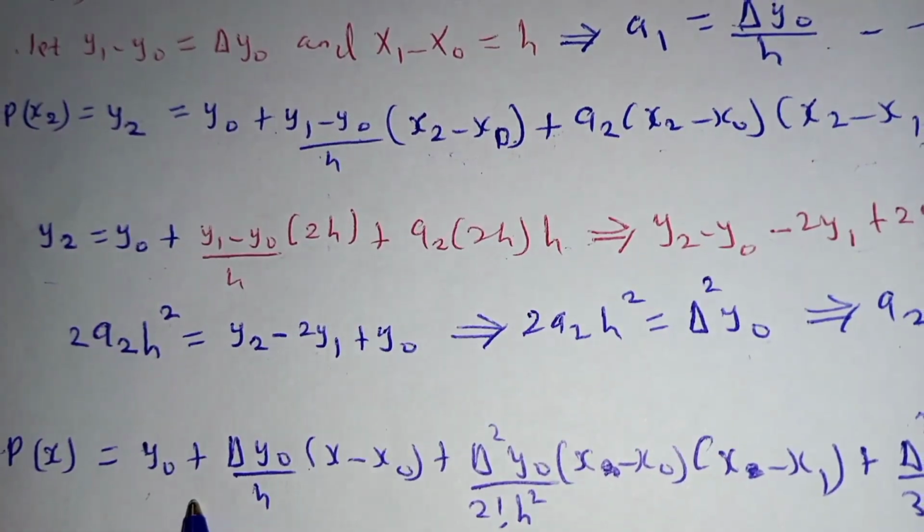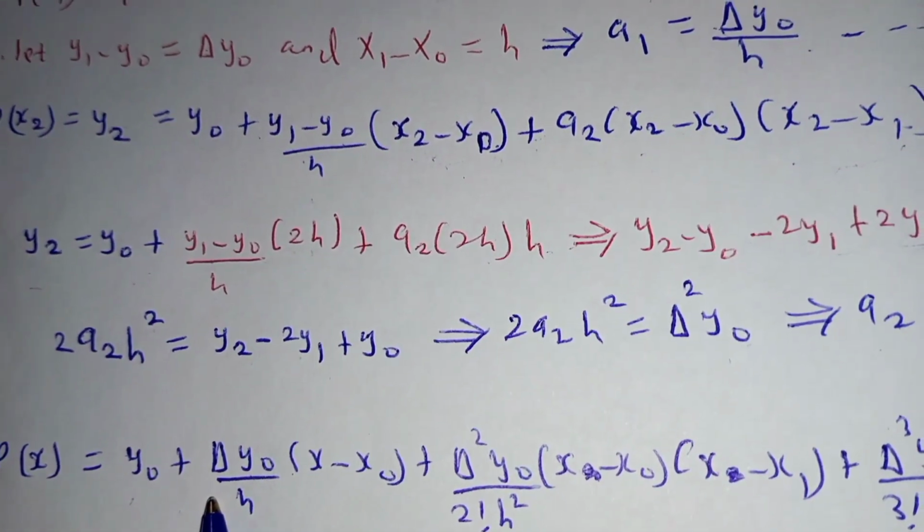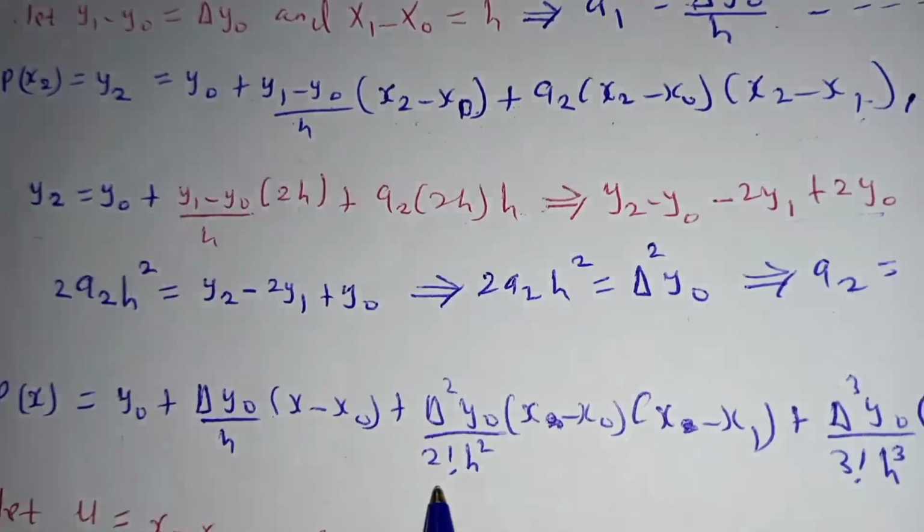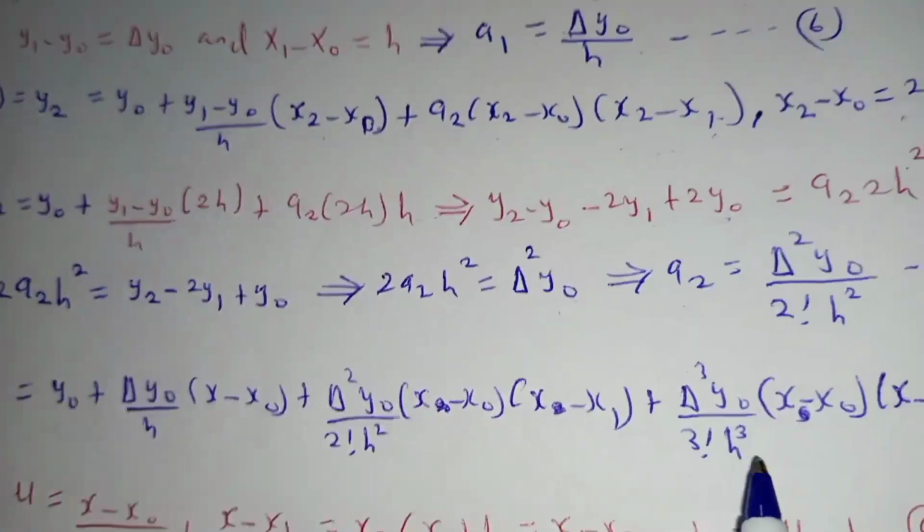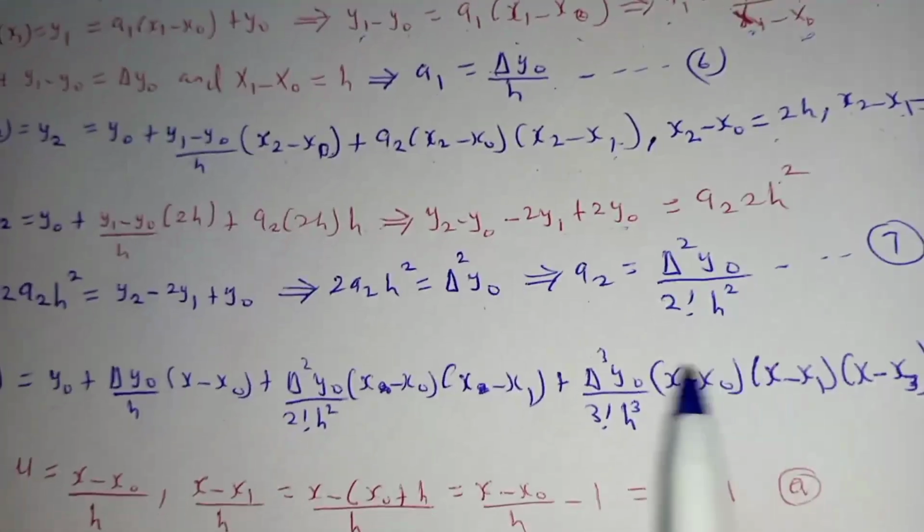So p of x is equal to y0 plus this, plus all this, all the way up to the last term.